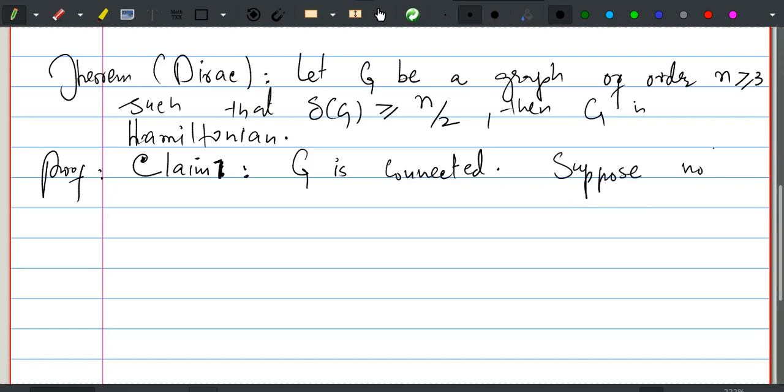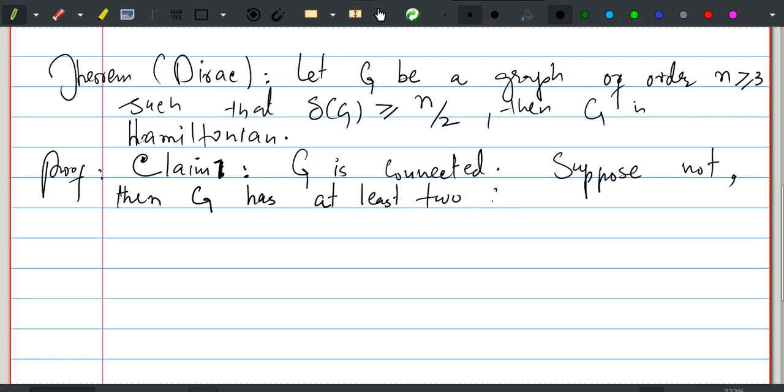Suppose G is not connected, then G has at least two components. It may have more than two components, but if it has one component, then G is connected. So if we assume G is not connected, then it has to contain at least two components.